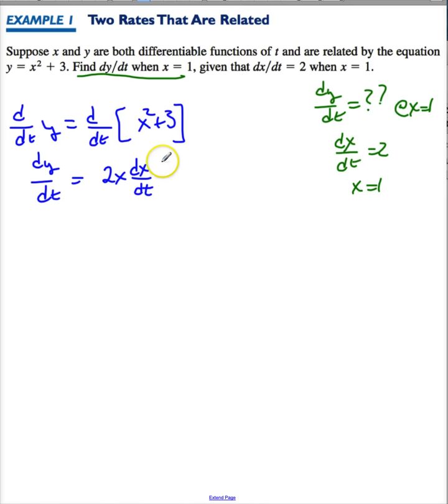Now, we want to find dy/dt when x is 1. So dy/dt is equal to 2x dx/dt. So at x equals 1, let's plug in what I have. dy/dt is 2 times 1 times dx/dt, which is 2.